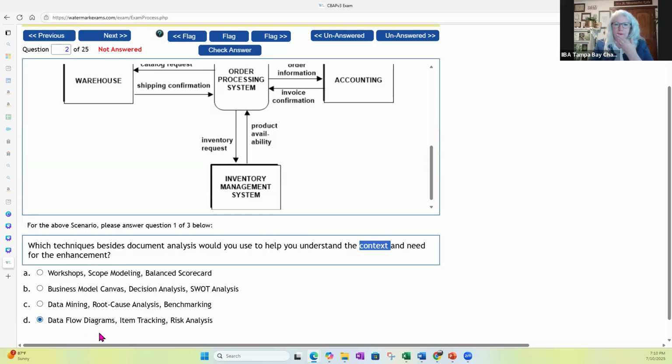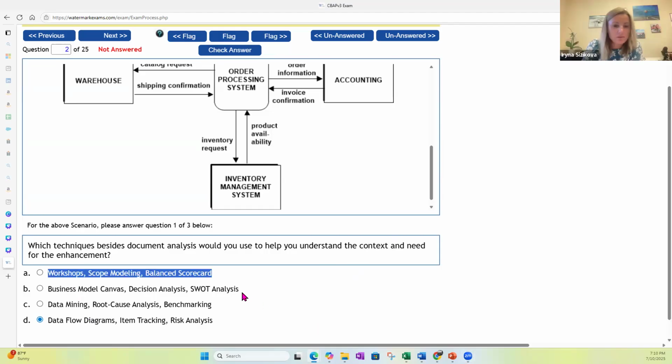Why do you like D? Alina? I was excluding. I don't like workshops for this particular question. That's why, and balanced scorecard is a little bit different. So I excluded A. Okay. Business model canvas also not about this.